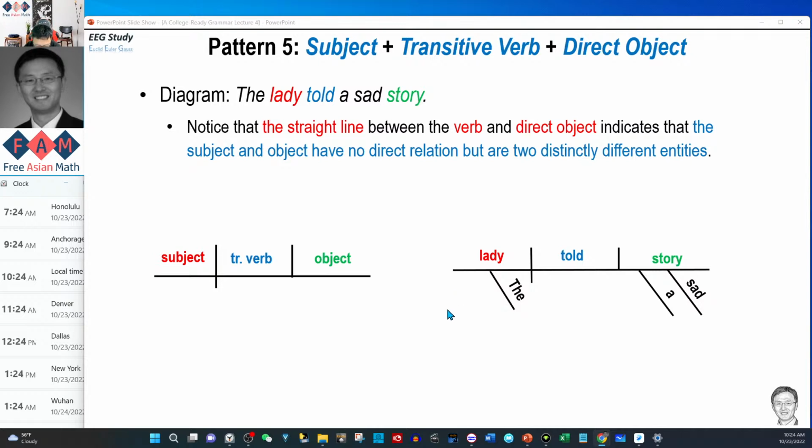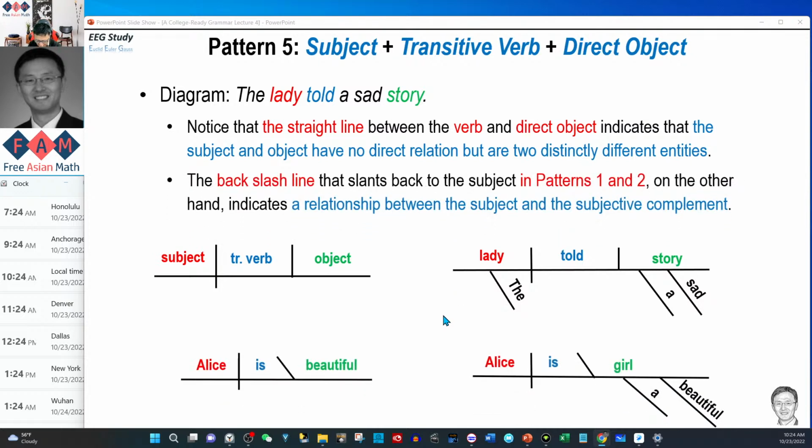On the other hand, if you recall what happened in pattern 1 and pattern 2, we have subjective complement. And there, we did not use a vertical bar to separate the second and third slot. Instead, we use a backward slant or diagonal line segment to point back to the subject from the complement.